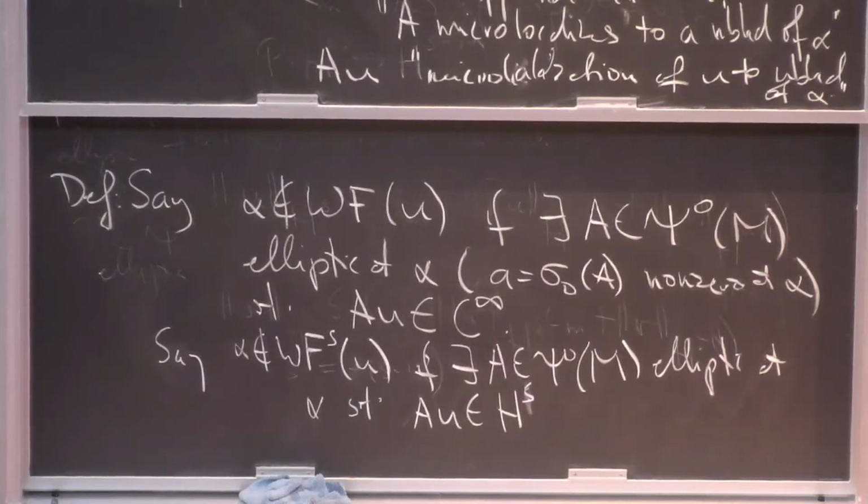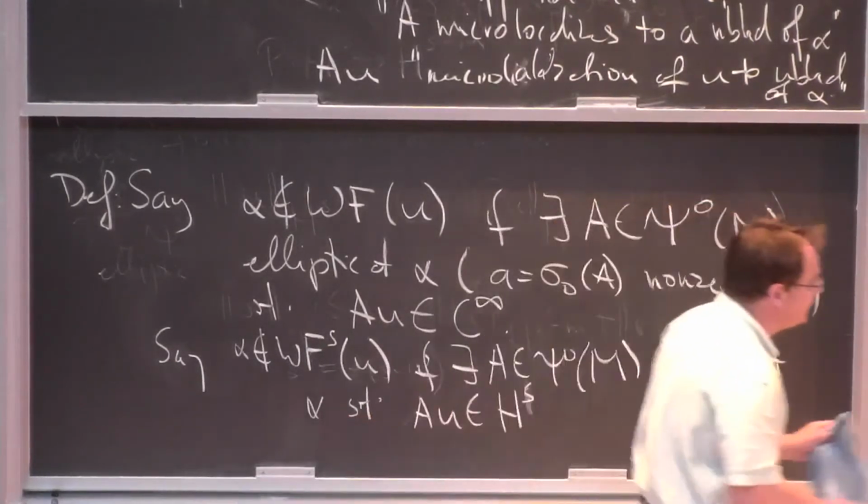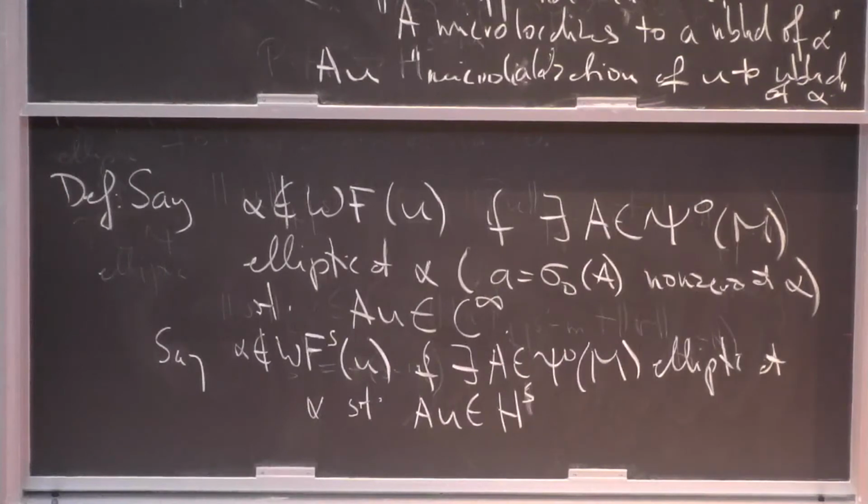Okay, so all right. Now, this is there exists. So there's one A that's very non-degenerate, I should say. So elliptic means non-degenerate at the point, and AU is nice. That in fact implies that all A's that are sufficiently nice, sufficiently well localized, work.